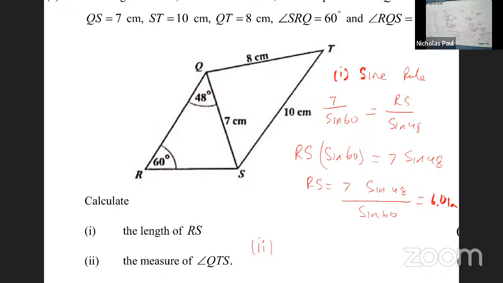Actually, I could probably give you our next one. QTS is here. Here's where your homework is. Use cosine rule and solve. The trick is to make the subject of the formula correctly. All right? Copy it down. And I want you to complete that last part of the homework.